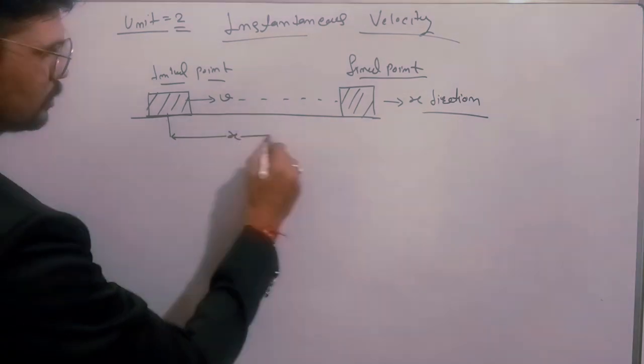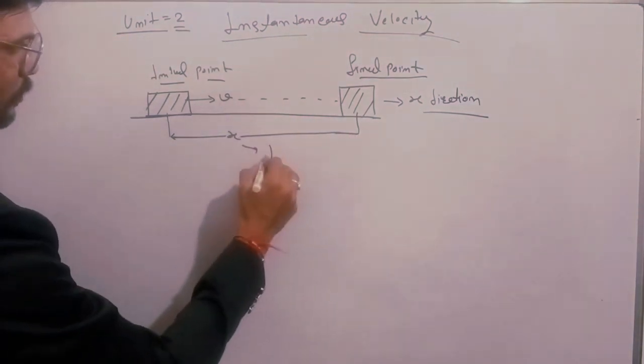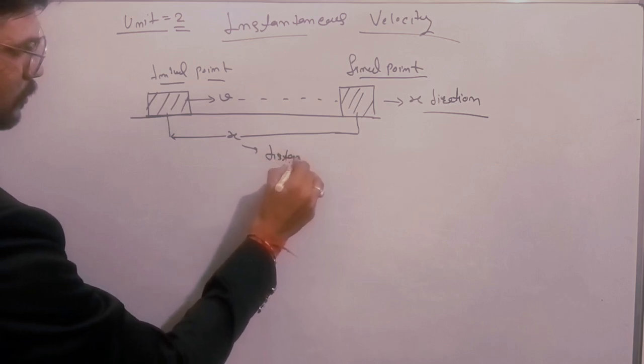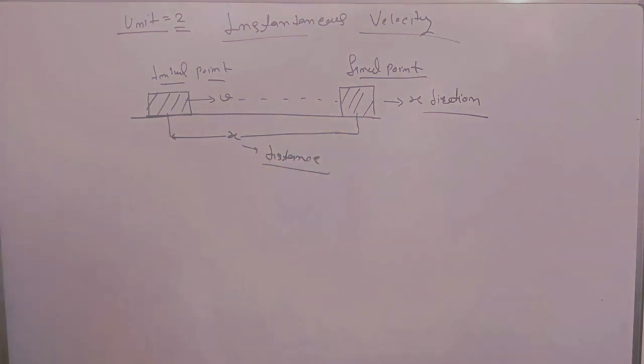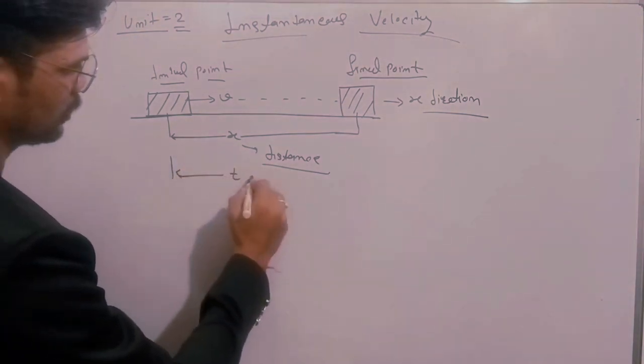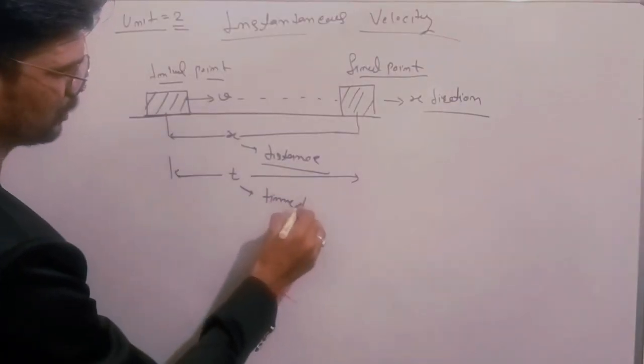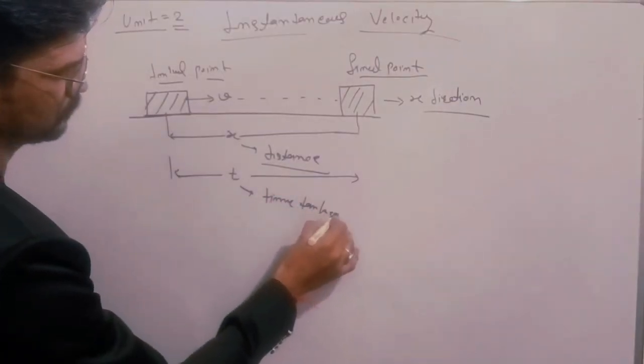This is the x displacement, and it is also known as a distance. And there is a time interval t, the time taken.